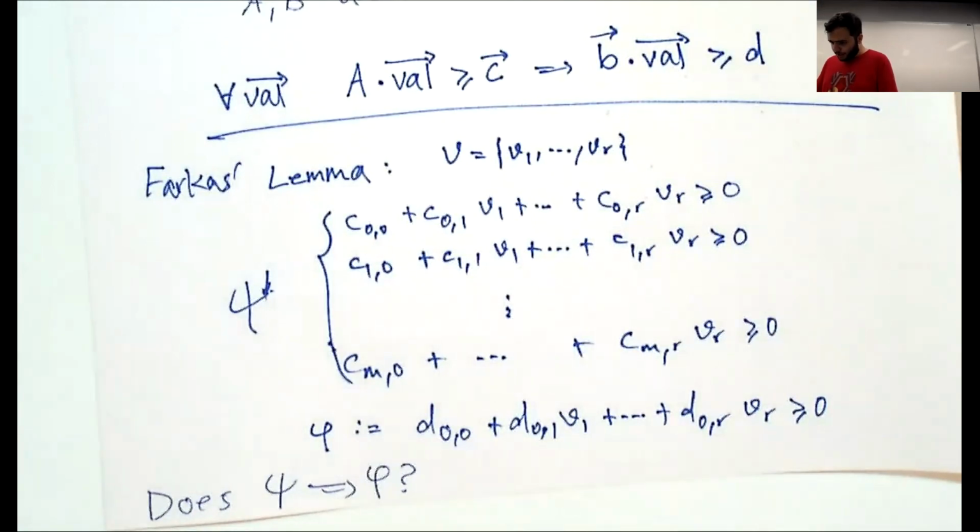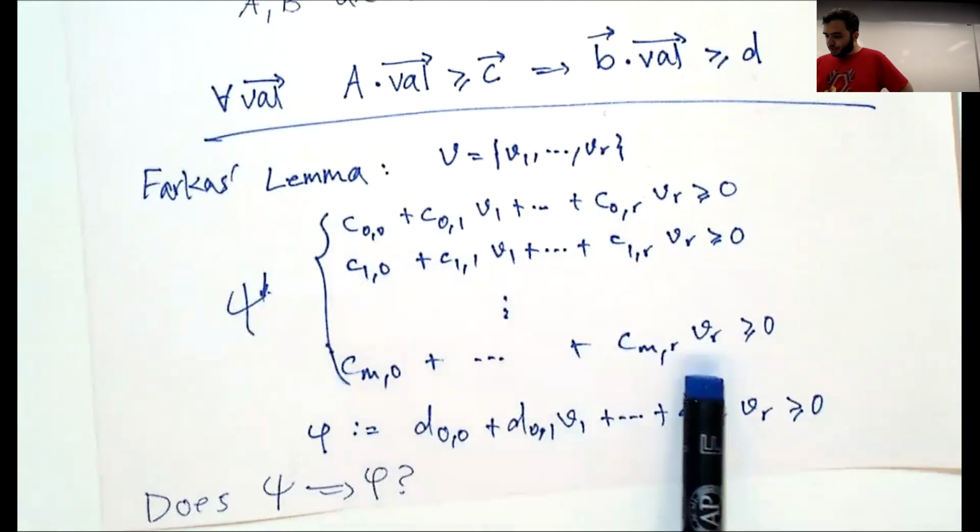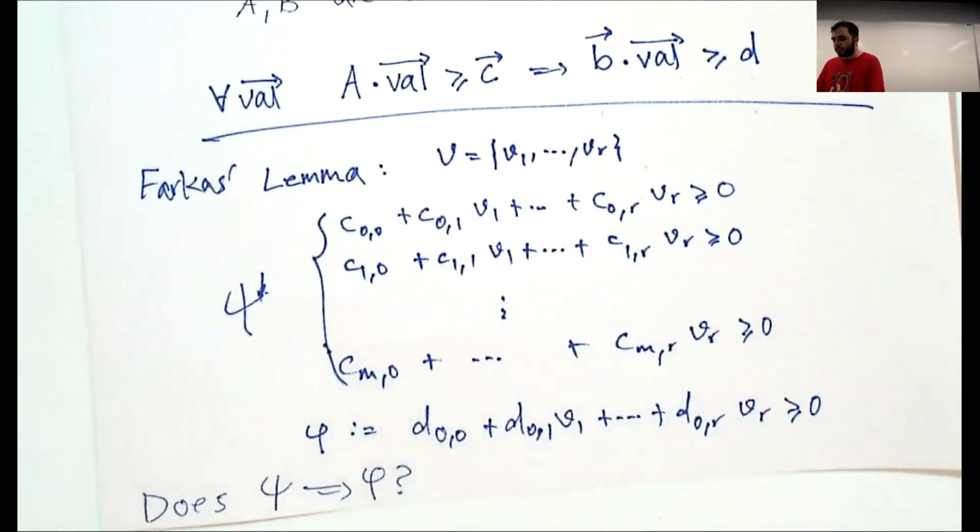I can actually do better than that. I can first multiply each one of them by a non-negative constant, and after that, add them together. So if I know that all of these linear expressions are non-negative, what I'm saying is that any non-negative combination of non-negative expressions is also non-negative. But what else do I know?